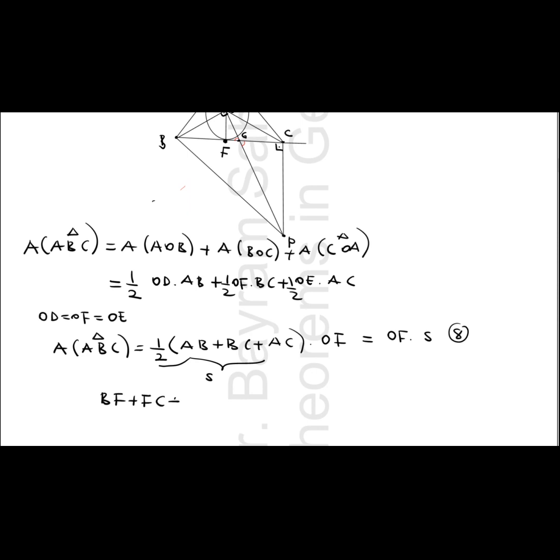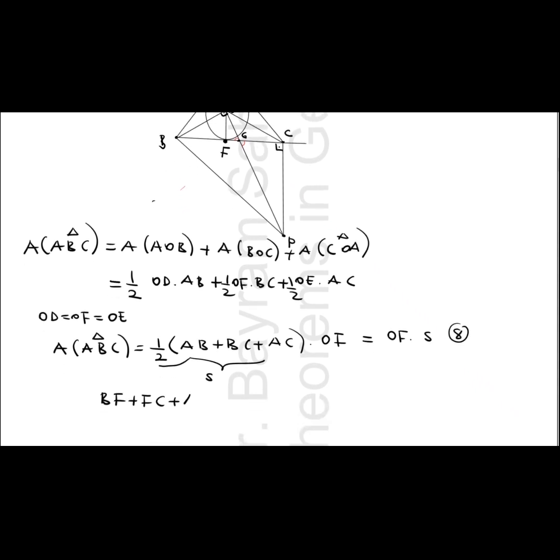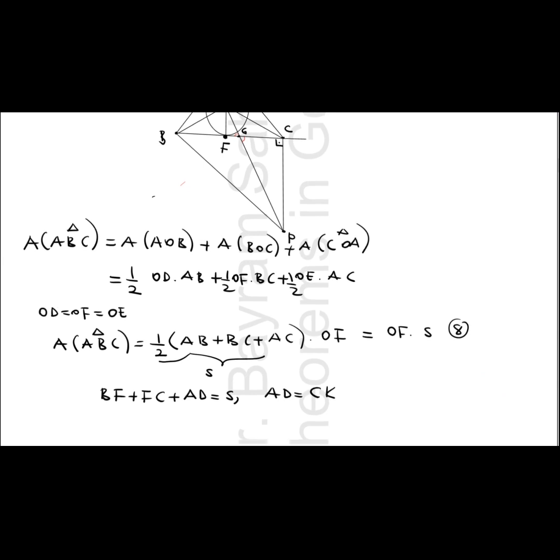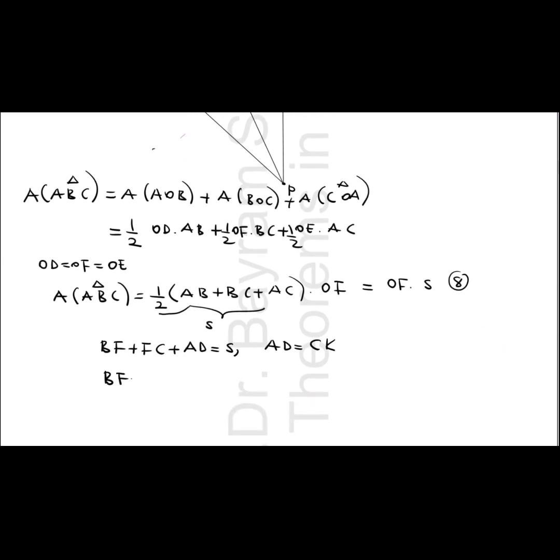So we have BF plus FC plus AD is S. But we know AD is equal to CK. So that's why BF plus FC plus CK becomes S. So it means you have BK equals S. So let's say this 9.